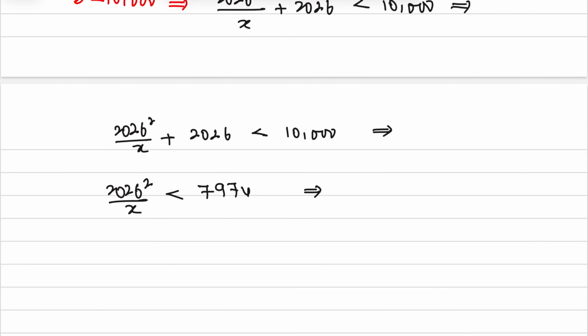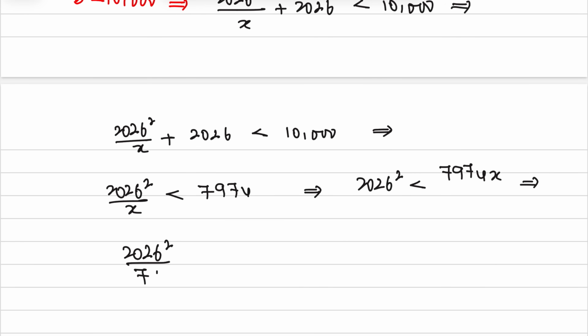From this, we will get 2026 whole squared is less than 7974 into x. That means 2026 whole squared by 7974 is less than x. Because we are interested in the value of x here. From both the values we are finding in which range x will be. Once x is known, we will find out A and B. Then we can easily find out A plus B.